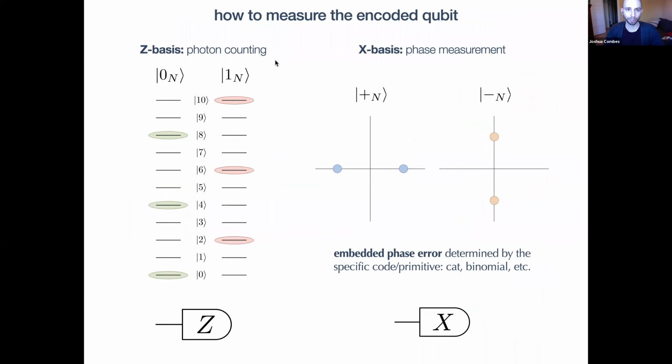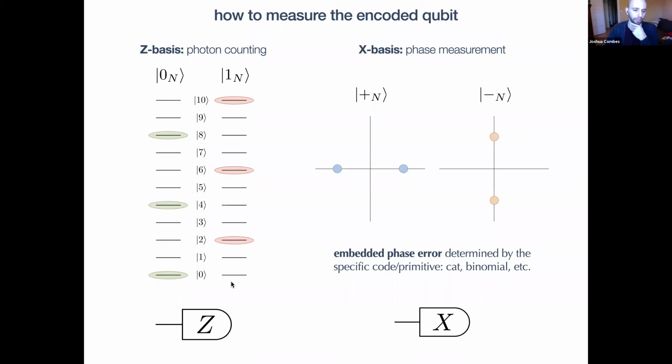So this leads us to thinking about how to measure our encoded qubit. And it's actually pretty simple. For the Z basis, the measurements are just photon counting. If there's been no error, all you need to do is check whether you're on this green grid or this red grid.